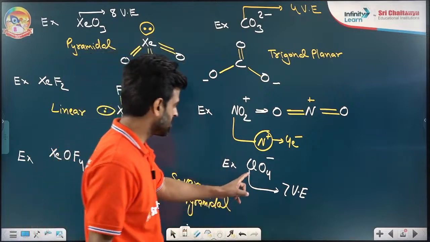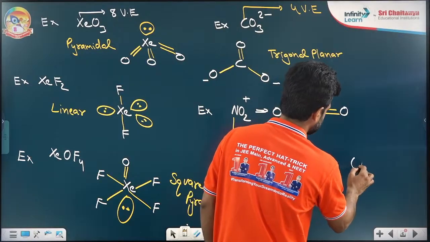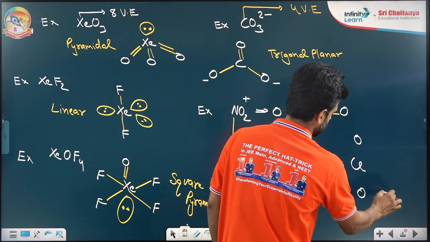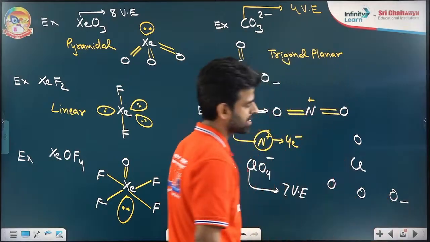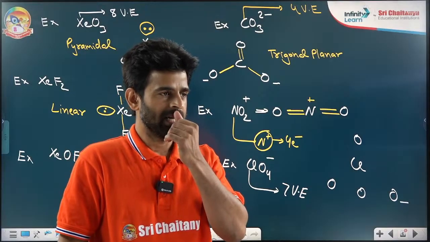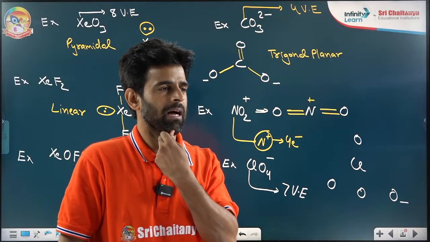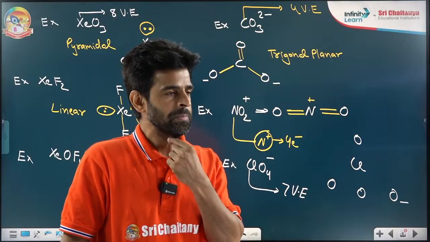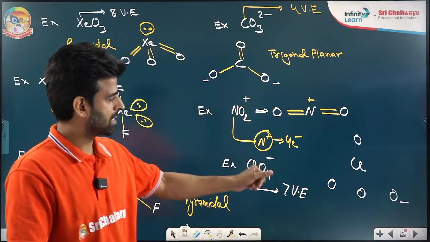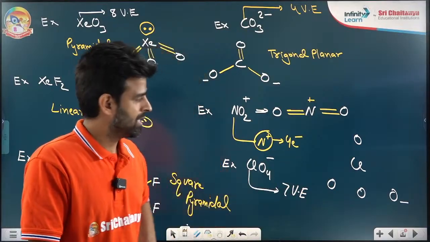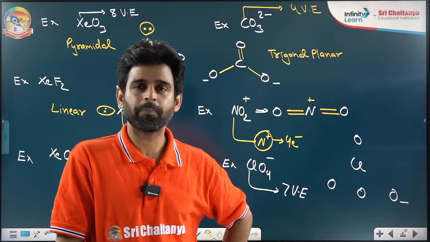O minus is there, so oxygen is carrying how much charge? -1. Okay, so I'm showing you 4 oxygens, and one of the oxygens has which charge? Yes beta, Afia, yes beta, where are you from? O minus now we have, so O minus will make how many bonds? Single bond, right? Tell me, how many single and how many double bonds will come?